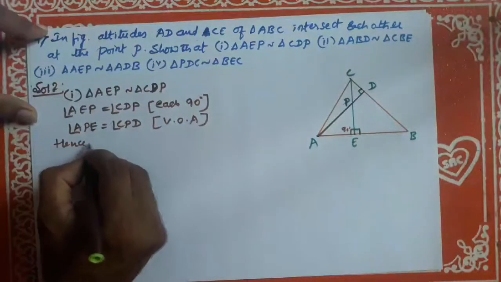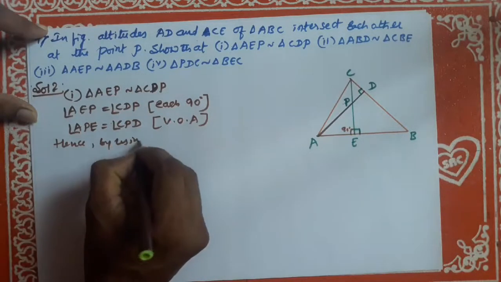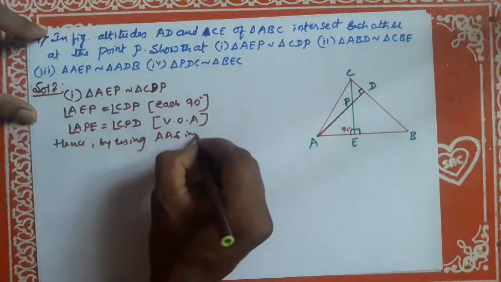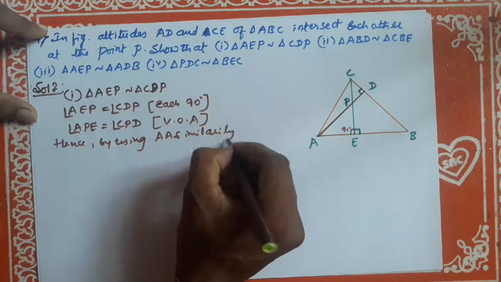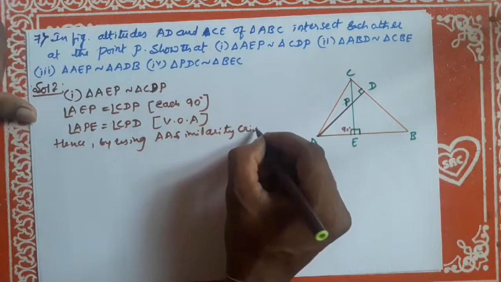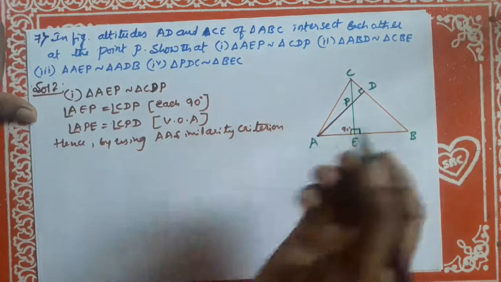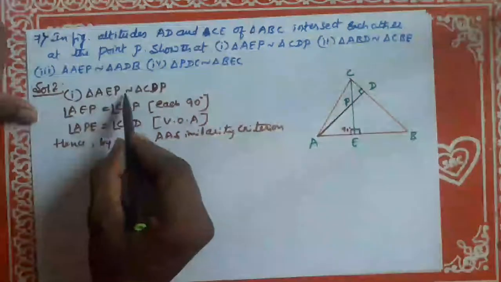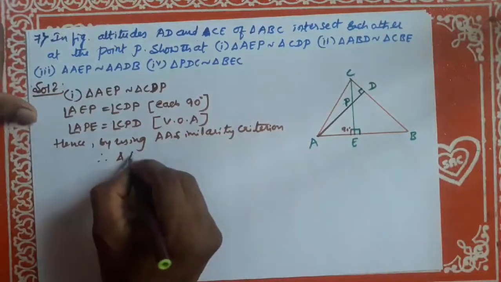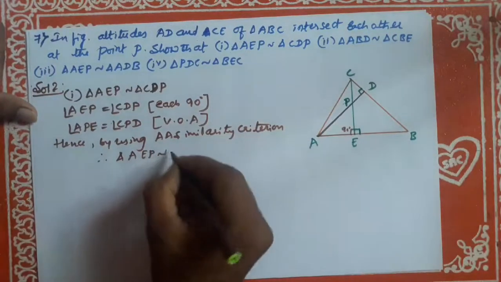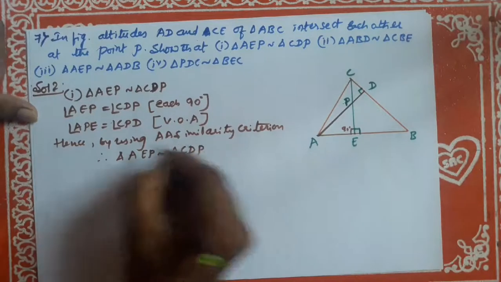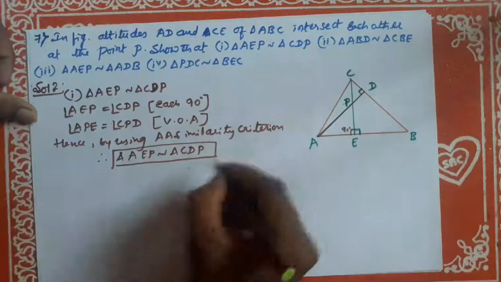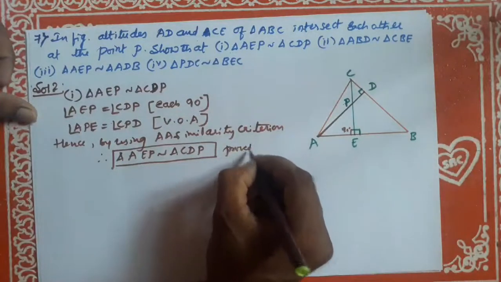Hence, by the angle similarity criterion, triangle AEP is similar to triangle CDP. First one proved.